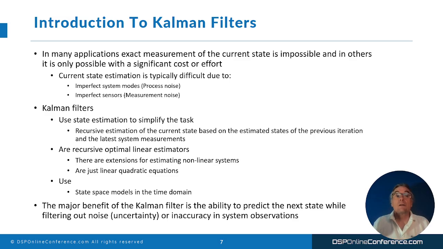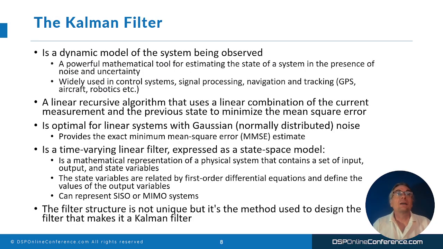The major benefit of the Kalman filter is that it predicts the next state while filtering out the noise or uncertainty in the system observations. Okay, excellent. Looking down a bit further, the Kalman filter is a dynamic model of the system being observed.